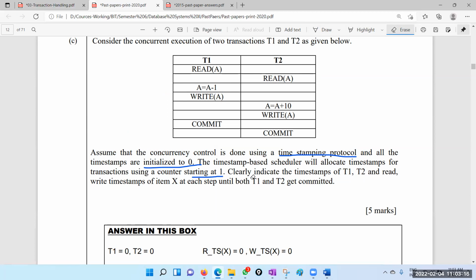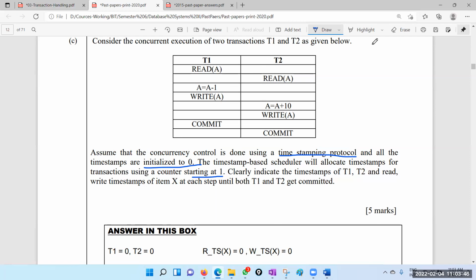Okay. Clearly indicate the timestamp of T1 and T2 and the read and write timestamps. So you have to mention the timestamp of T1, the timestamp of T2, which are the timestamps of the transactions, then the read timestamp of A and the write timestamp of A. Here it's easier because you have only one resource. It's a very easy question. I thought there would be at least 2 resources.